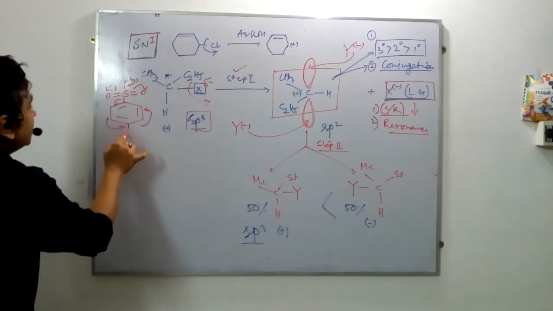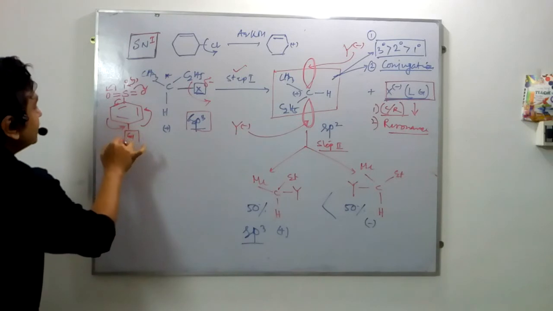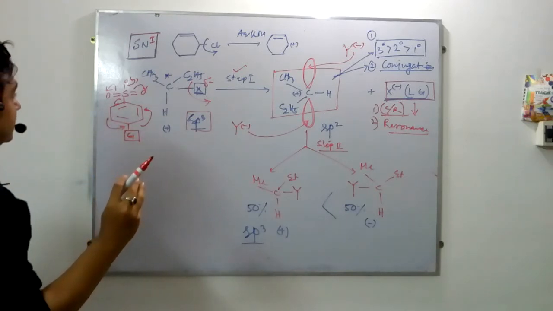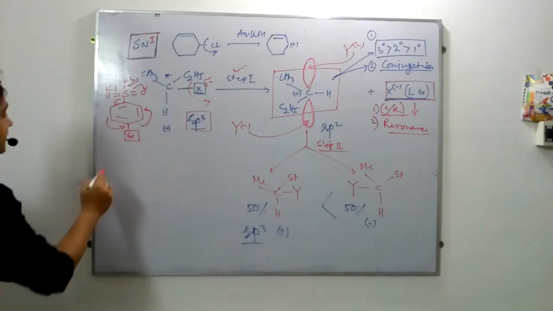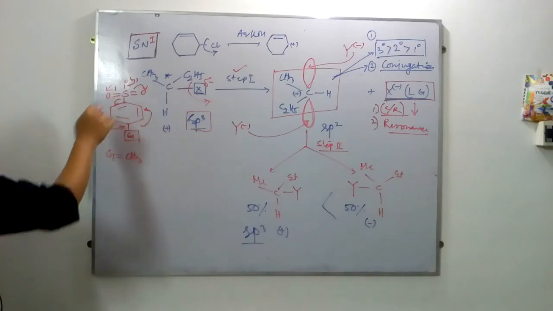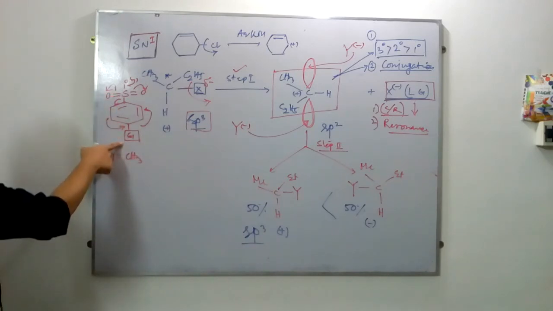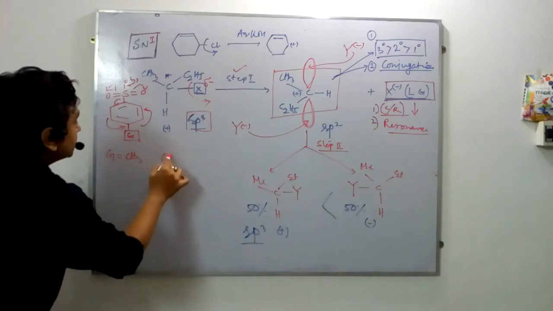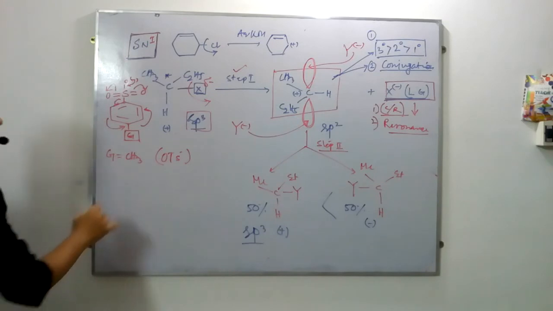Now see, if there is a group G present over here, this is a marked stable leaving group. If G is CH3, the name of the species is paratoluene benzene sulfonate anion. In shortcut, it is known as tosylate. It's a very important leaving group.